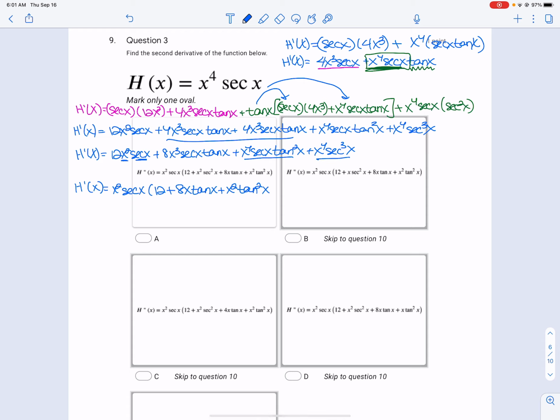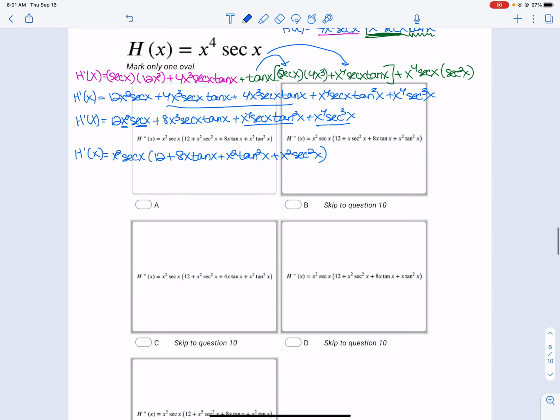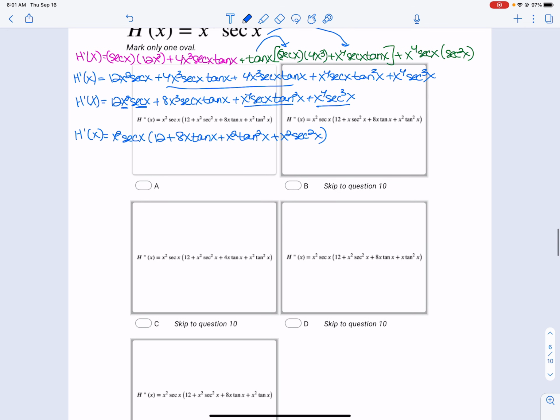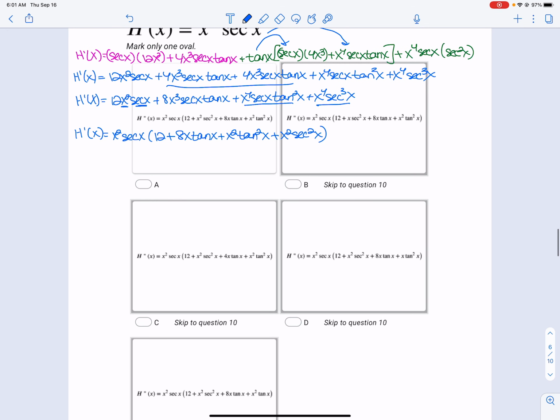And then this guy is x squared secant squared of x. And then you just have to pick the one that works. Let's see, 12, x squared secant, 8x tangent. So it is A.